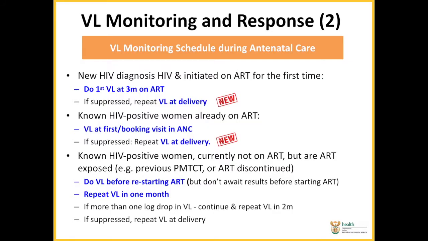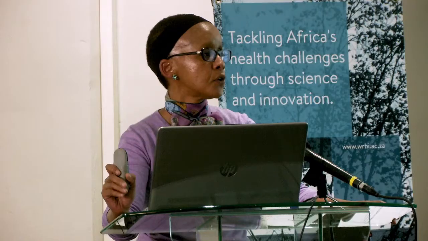But you don't wait for the viral load. You do a viral load, but you start treatment. Check the viral load in a month, and then if it's going down, you check it again in 2 months, and they should be suppressed, especially with the dolutegravir that we're using. Okay. And if they suppress, you repeat the viral load again at delivery.